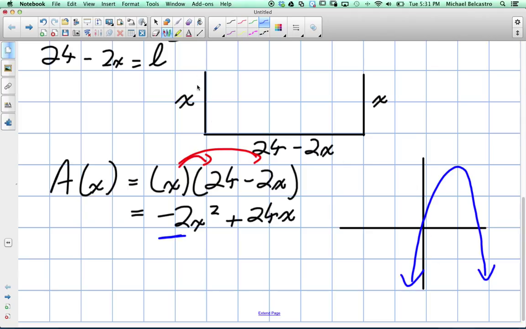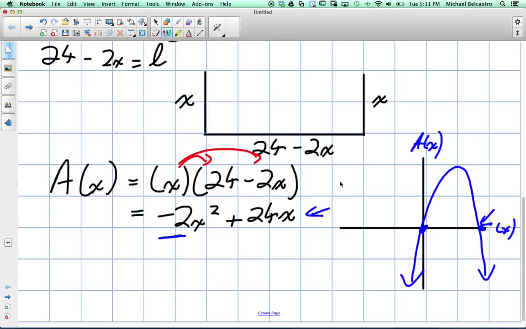Our lowest point is going to be 0. We know 0 is one of them, and we got to figure out what our highest point can be. In other words, the x-intercepts. And those are where our area will be 0. Okay, sorry, this is our area, and this is our width, our x, on the x-axis. Okay?